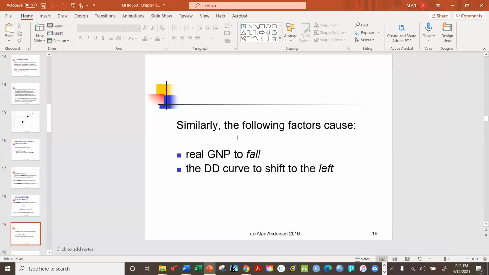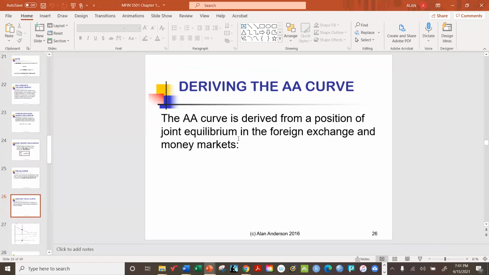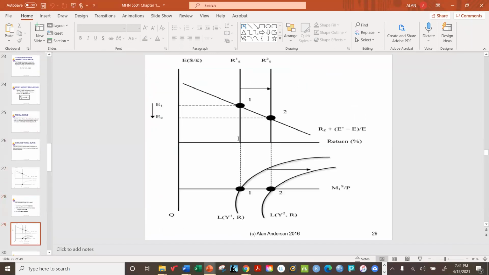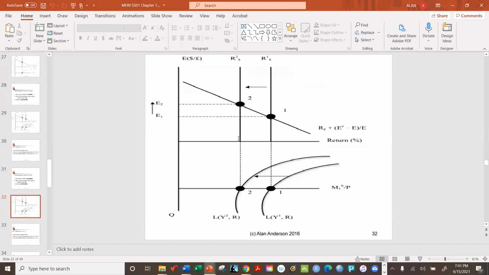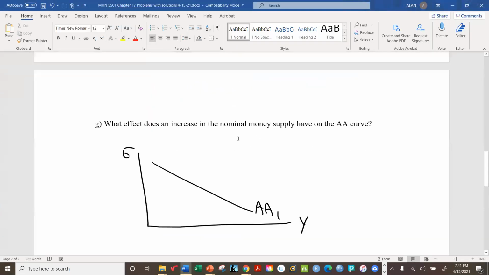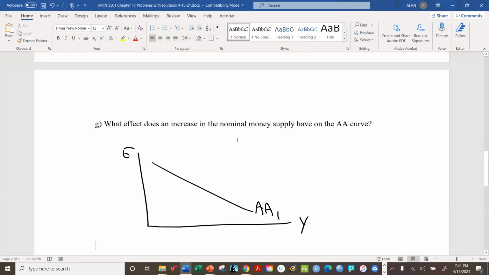So let's confirm that. There it is. Increase in the nominal money supply causes it, yes, to shift to the right. All right, very good.